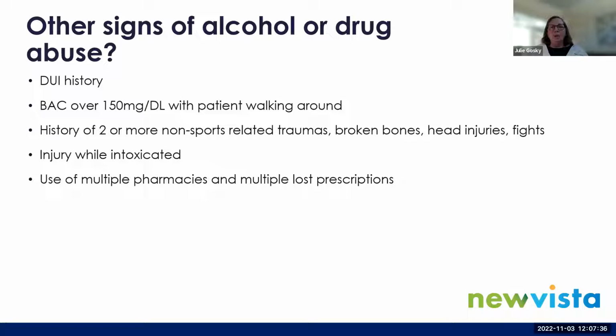At New Vista, we do run a residential treatment center as well as a methadone and Suboxone treatment center. And I can tell you from my experience with this part of our organization, clients typically come in reporting a broken leg that was never healed.